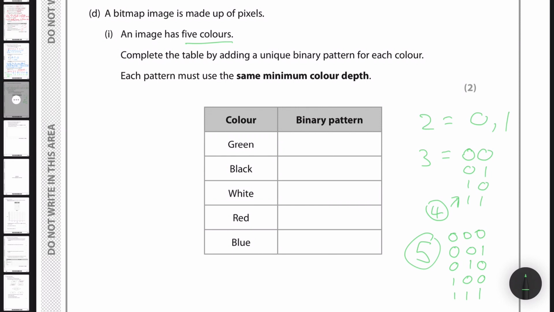Okay, it would basically be 3 bits. So I'm going to put in here 0, 0, 0, 0, 0, 1, 0, 1, 0, 1, 0, 0, 1, 1, 1. Okay, and there's any number of answers you could have for that.